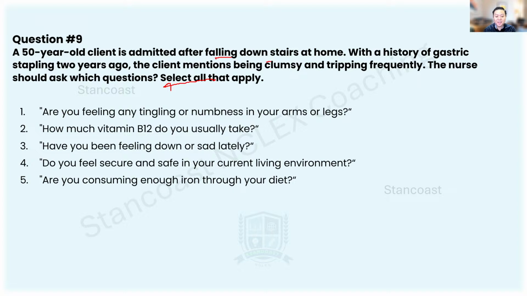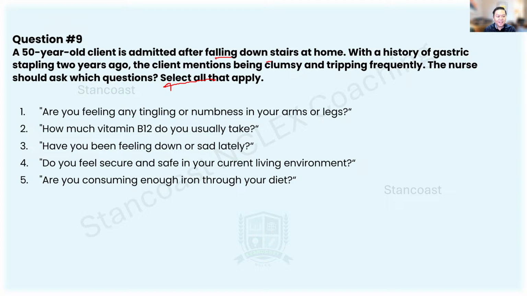First question, are you feeling any tingling or numbness? What do you think? Are you feeling any numbness or tingling in your arms or legs? 2, how much vitamin B12 do you usually take? 3, have you been feeling down or sad lately?